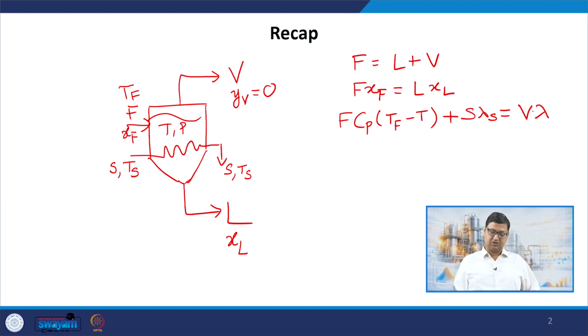And then we also have a heat exchange equation, S lambda S is equal to UA delta T, and delta T in this case is Ts minus T.